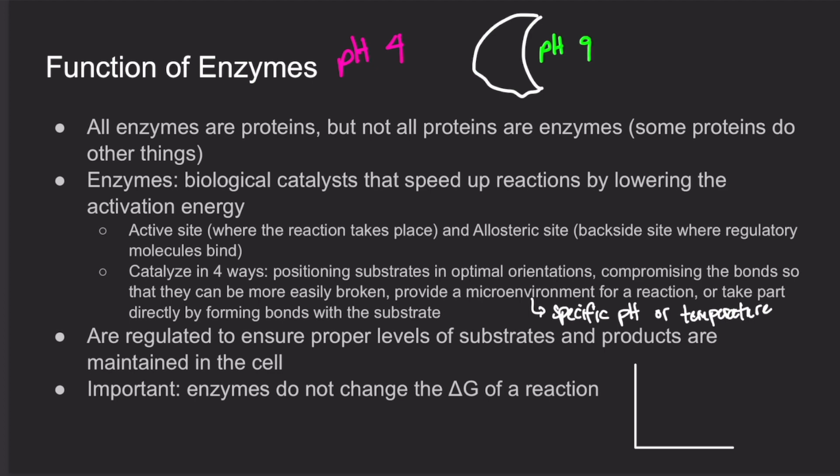Or they can actually take part directly by forming bonds with the substrate. So they can physically form covalent, ionic bonds, whatever, with the substrate and take part in the reaction. There's one very important thing though. In order to be a catalyst, you must be both a product and a reactant. Meaning whatever state you went into the reaction as, you must come out in that exact same state.